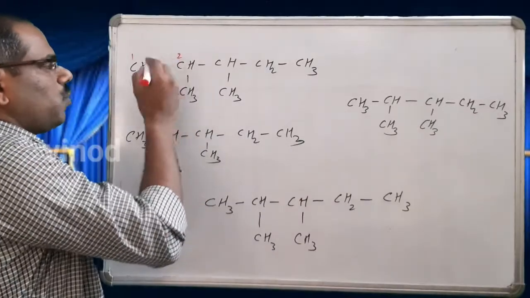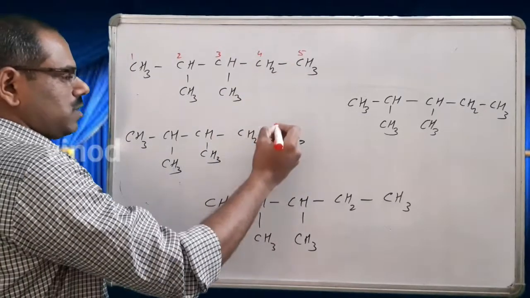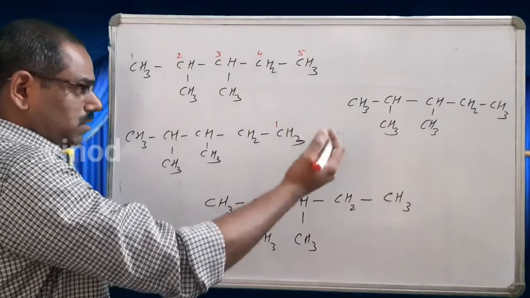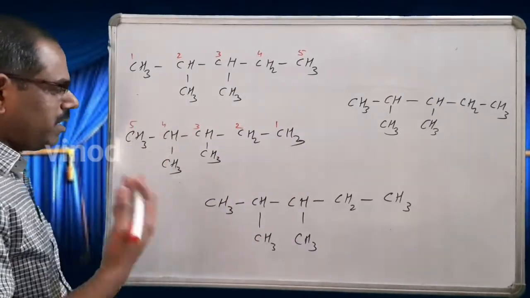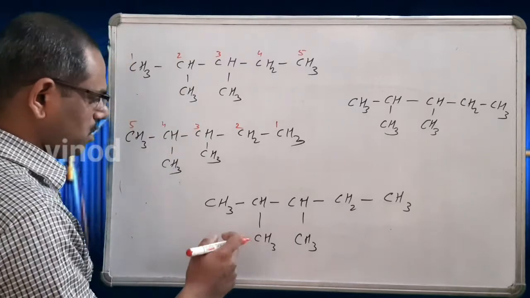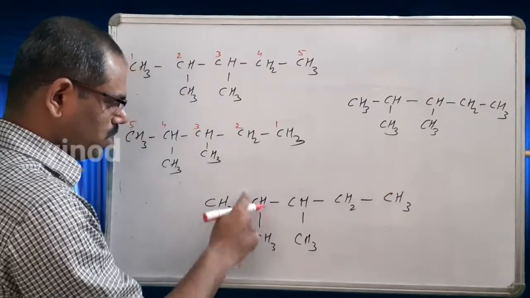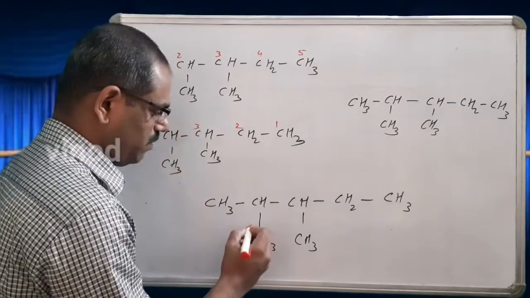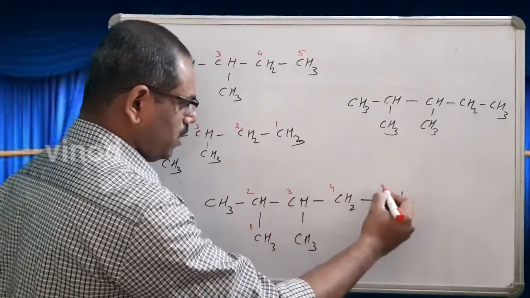First of all, I start with 1, 2, 3, 4, 5. Then in the same example, I start from right to left: 1, 2, 3, 4, 5. What are other methods? I can put 1, 2, 3, 4, 5 only. Wherever I get 5, I think a maximum of 5 is possible. 5 carbons, 1, 2, 3, 4, 5, left to right.